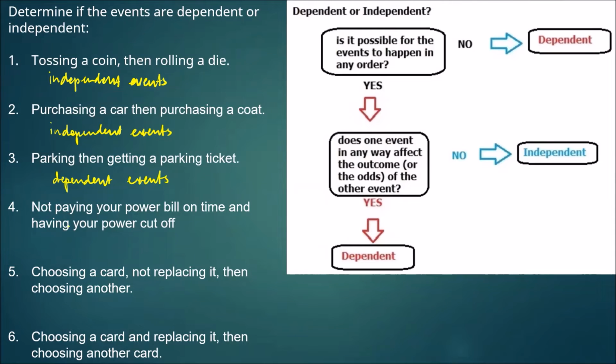How about number 4? Not paying your power bill on time and having your power cut off. Is it possible for the events to happen in any order? Is it possible that your power will be cut off before you do not pay your power bill on time?